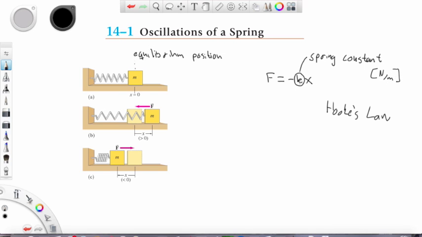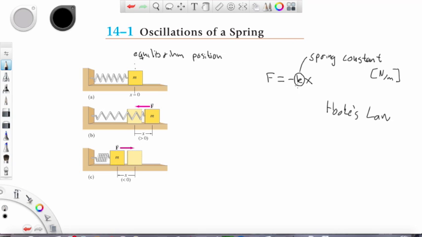So if we have a large K spring that has a large spring constant, it means that to move it a little bit requires more force than if the spring constant was lower. So a stiff spring has large spring constant, and a loose spring has a small spring constant.